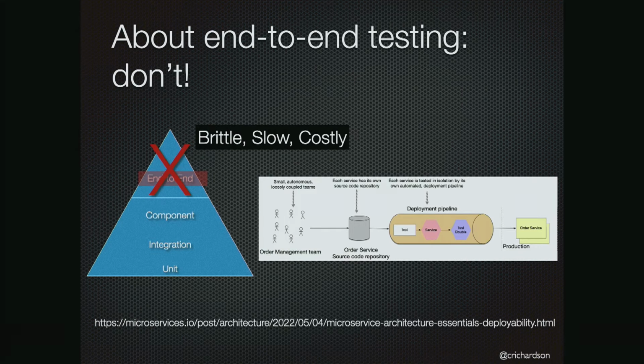And then, as I said, the level above that is end-to-end testing, but the message is don't do that. That should not be part of your deployment pipeline because it violates one of the key definitions of microservices, and these tests are incredibly brittle, slow, and complex. They just fail at random, and then you have to inspect them to see whether the failure is real or not, and it's very problematic.